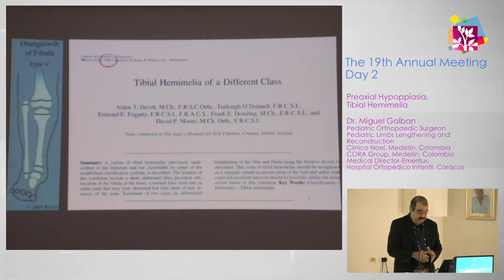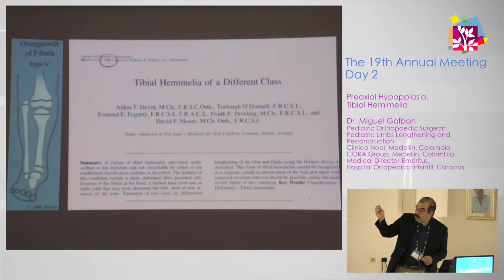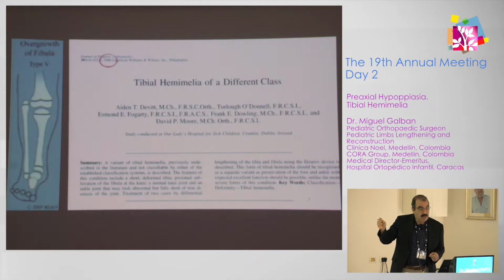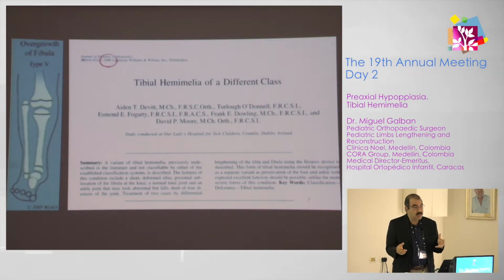This article was the first time I saw a publication of something that I had seen, the David presentation of a short tibia with a long fibula. And I thought that should be in the classification of Jones. So I started to call it type 5 of the classification of agenesis of the tibia.